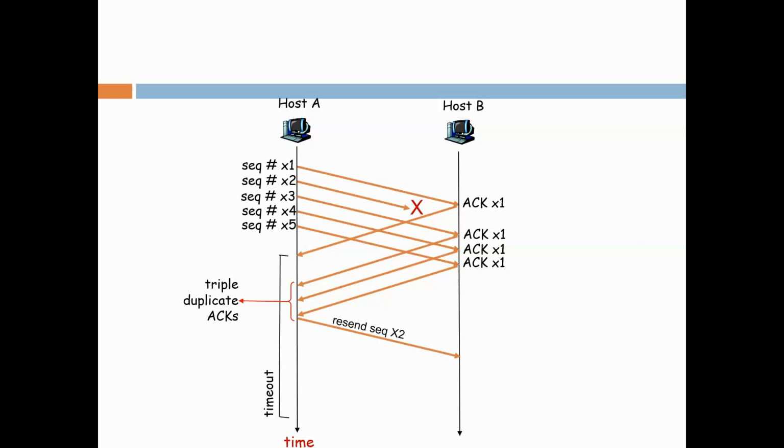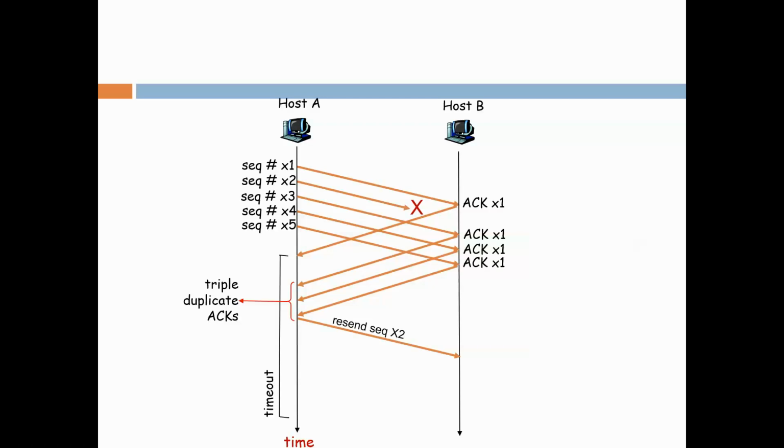These 3 packets arrive at B, and B will detect that there is a gap because the second packet has not arrived. And so when B sends an acknowledgement, the acknowledgement will follow the rule: the next byte that it's expecting to receive in the right order. And so it will be identical to the acknowledgement for the first packet.